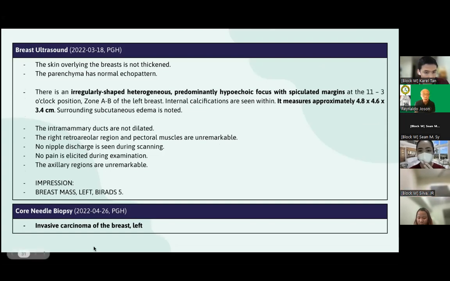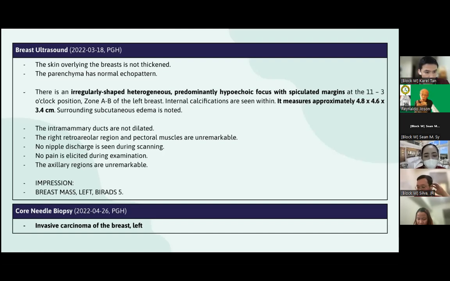So okay, an issue here that I would like to bring up is when you do your PE, you try to approximate the size of the breast mass. Now, approximate naman, you can use a ruler. If not, you just base it on your experience. If this is the size of the mass based on your PE, nakikita mo without the ruler, because of experience, natatansya ninyo.